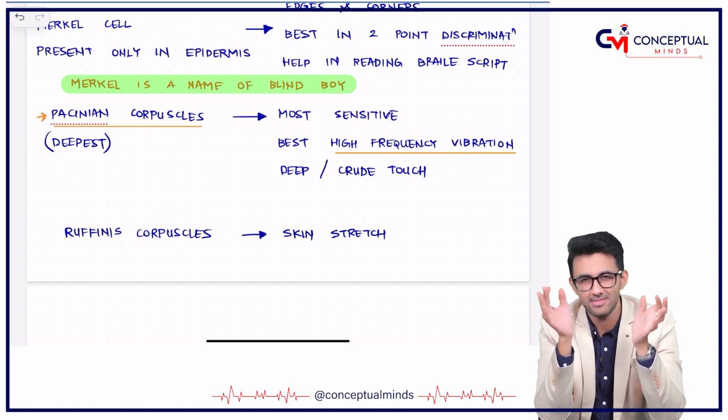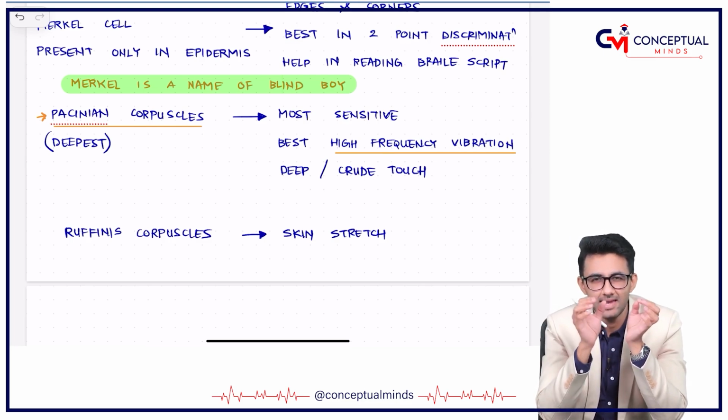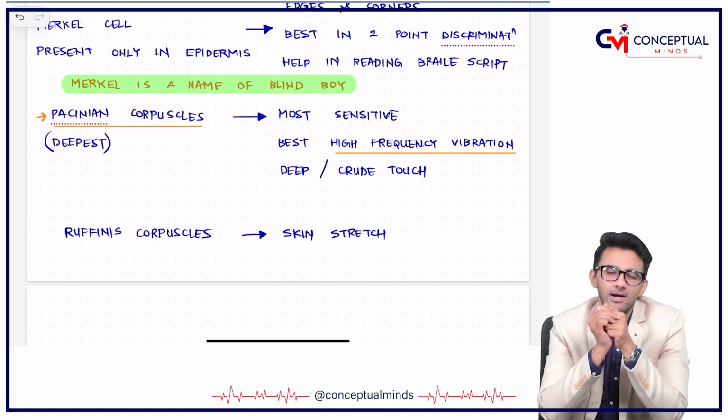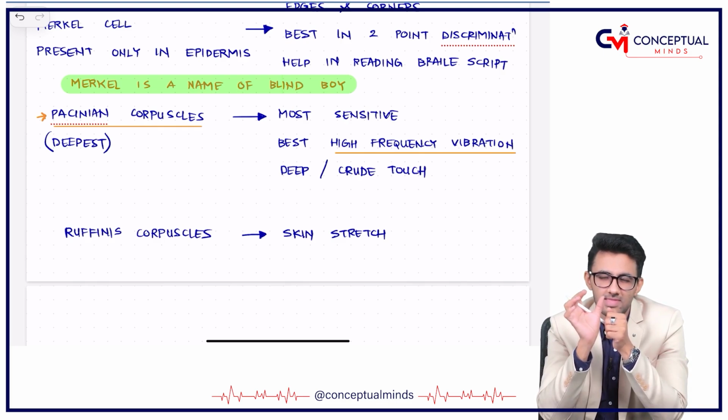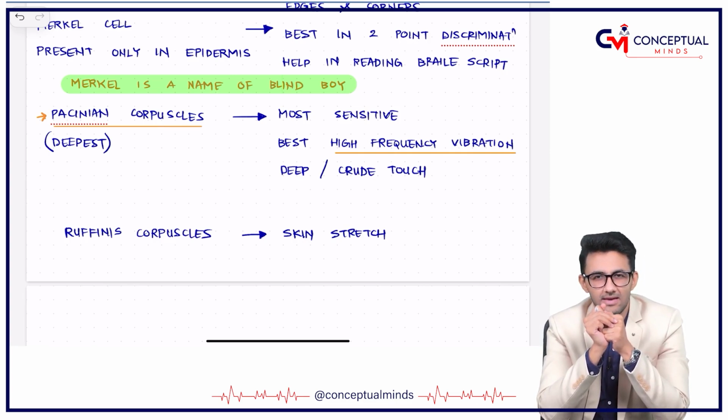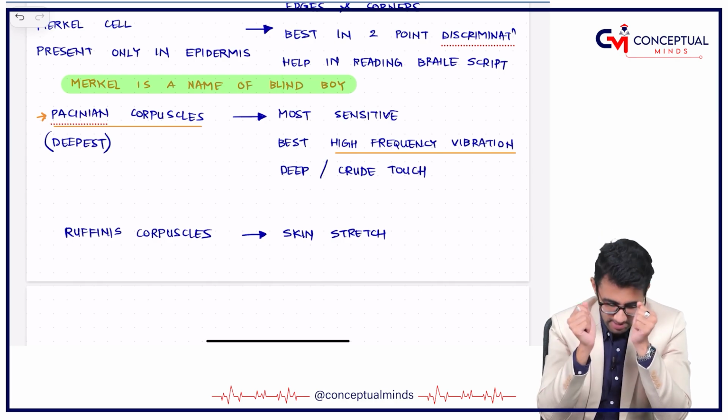They get pulled for some reason or another, so they can have a little bit of shredding. Usually when there is a patch, we would just get it removed. That is where this comes from. For Ruffini's corpuscle we have skin stretching; skin stretching is picked up by Ruffini's corpuscle.